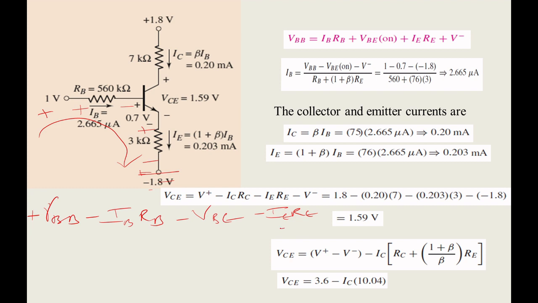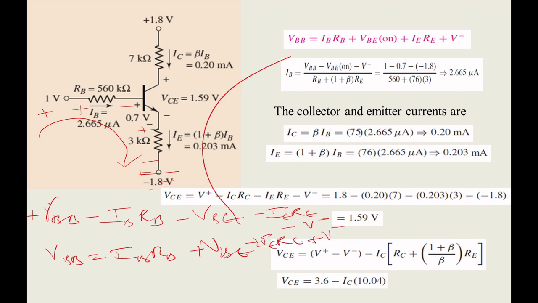So minus V minus, where the voltage is minus 1.8. When you take these to the right side, this minus will become plus. So IBRB plus VBE plus IERE plus V minus. This is the equation I have written here. I hope you understand.